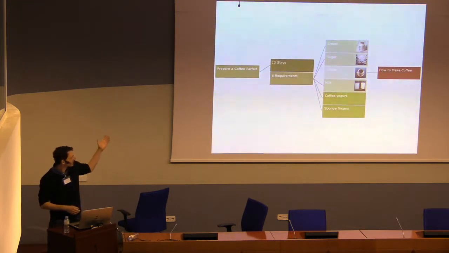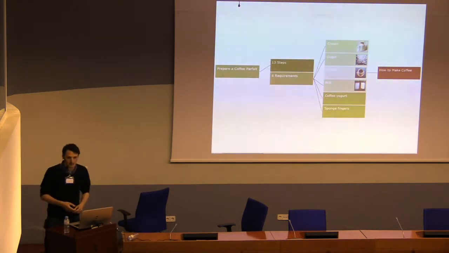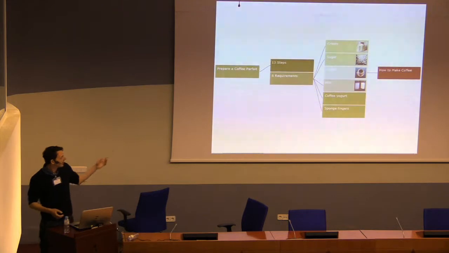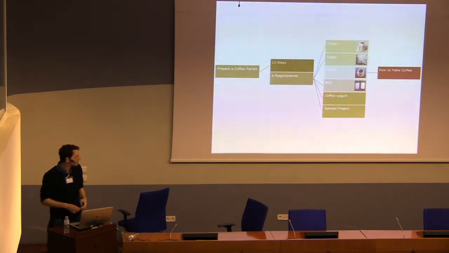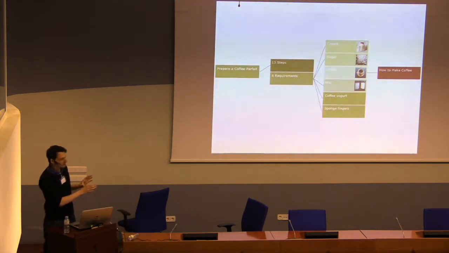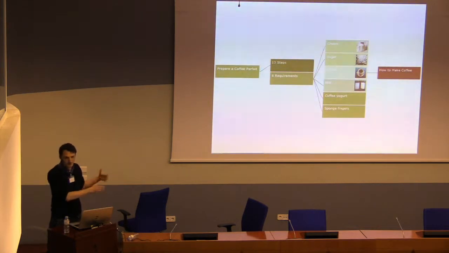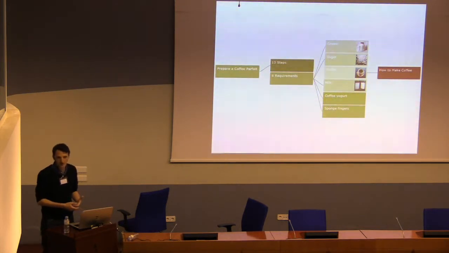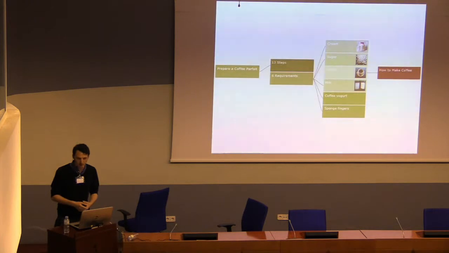So you can look at steps, requirements of processes, and you can find pictures from the web. And we can see here there's an extra box on how to make coffee, and if the user clicks on that, we'll see more information on steps that are usually required to make coffee.